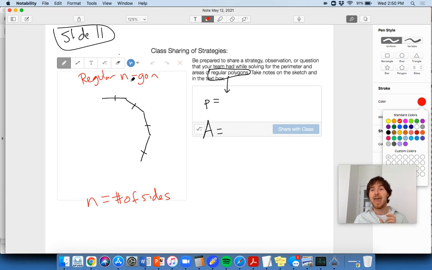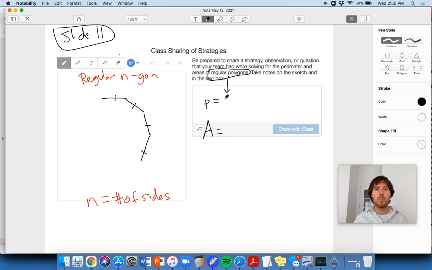Penta is 5. Hex is 6. Oct is 8. So that's it, number of sides here. And in order to get the perimeter, we simply needed to take the number of sides, okay? So this is the n-gon. We got our number of sides here. And we needed to multiply it by, well, regular polygons are equilateral and equiangular. So the equilateral thing tells us that we have one particular side length here, okay?